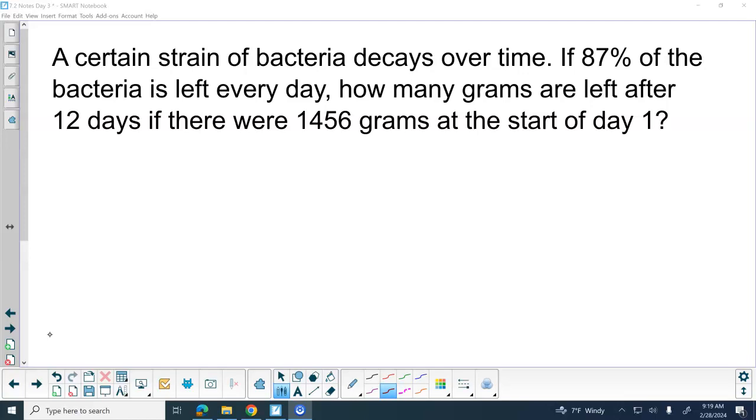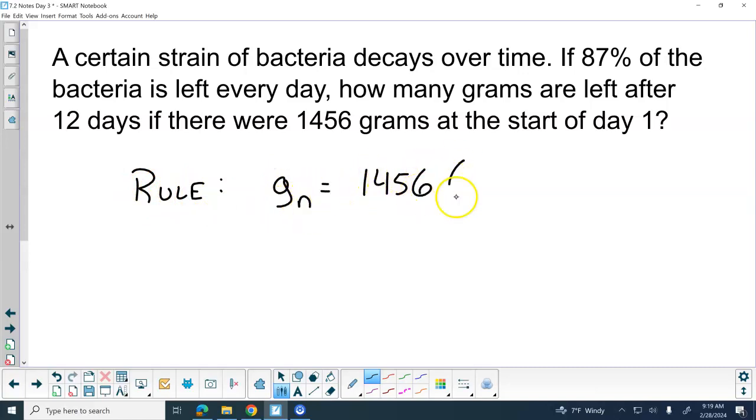So we should find the rule, right? G of 1 or G sub n? What term?